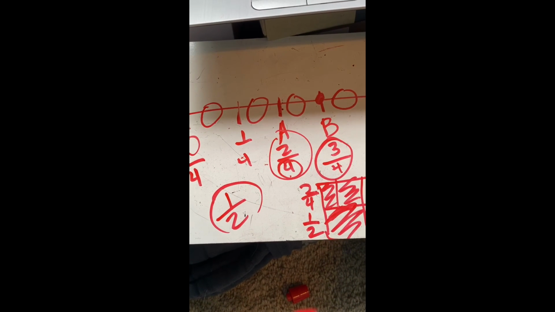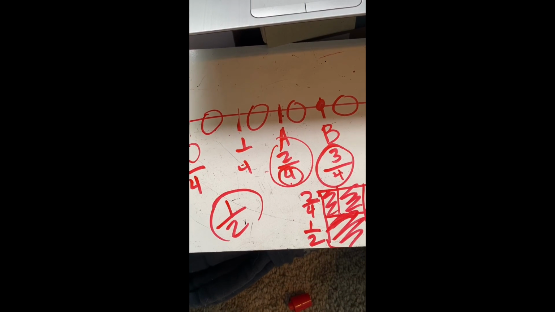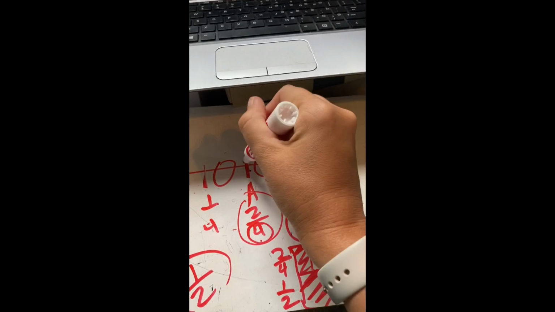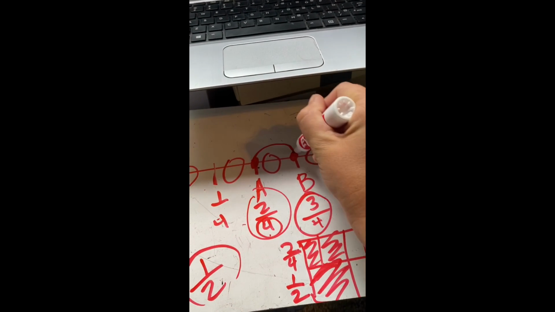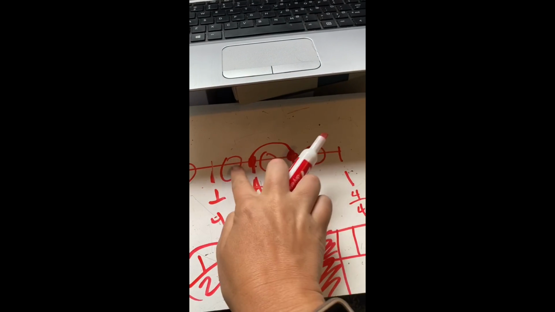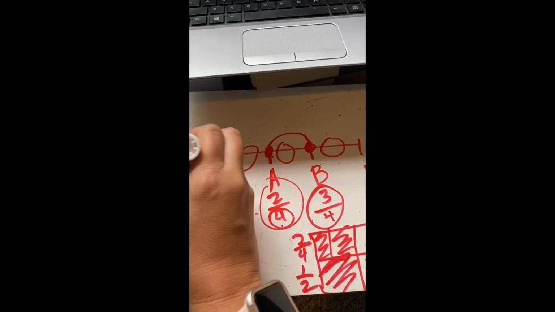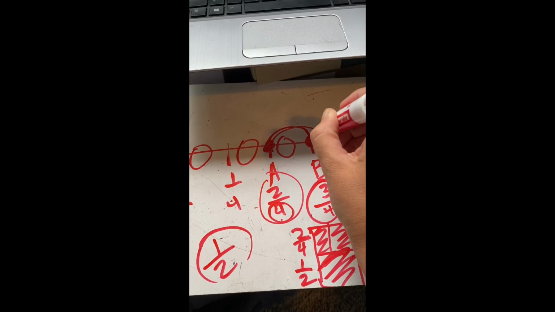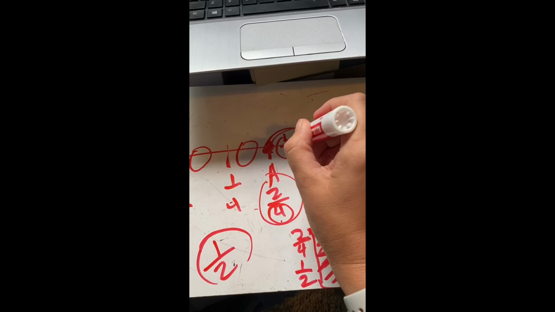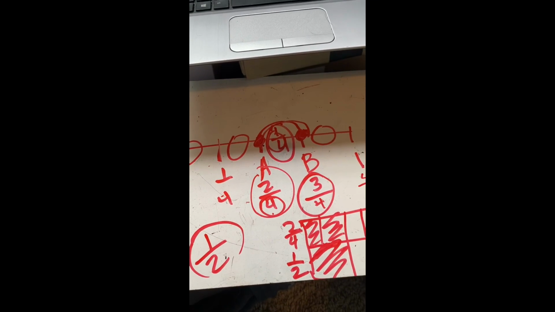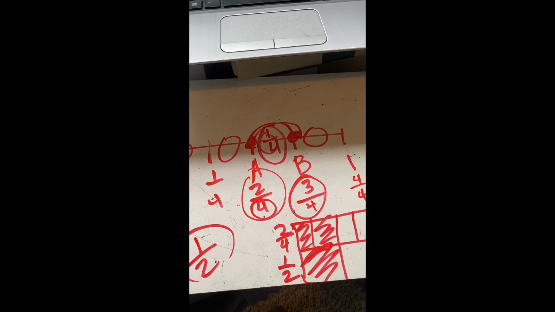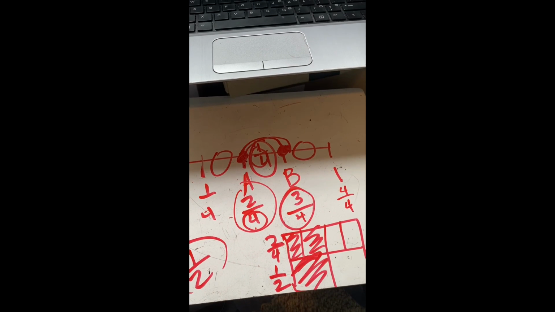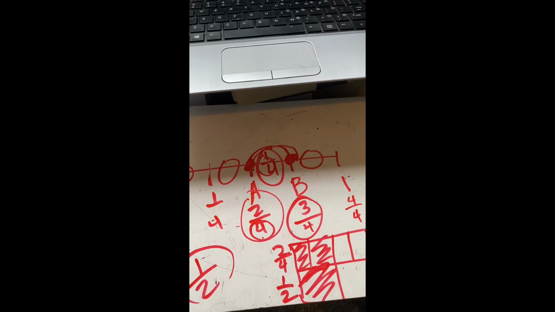And then the last question said, how far is point A from point B? So here to here. What are my unit fractions here? 1 fourth. So if I go from here and jump 1, I've only jumped 1 fourth. Point A is 1 fourth away from point B.